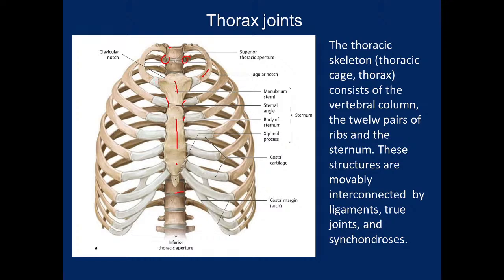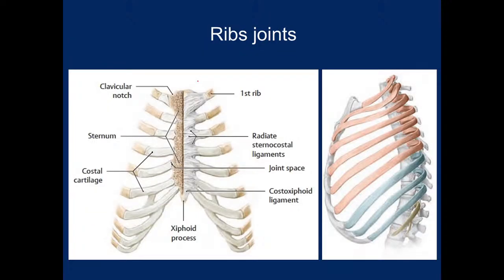The only exception is the connection of the first rib to the manubrium sterni, and that is not a joint, that is a typical cartilage synchondrosis.